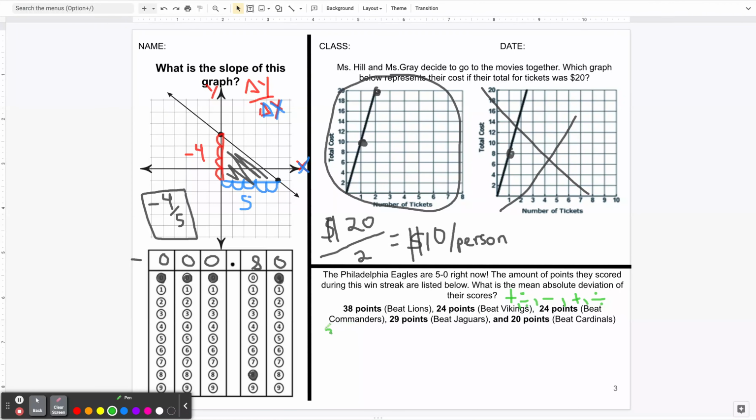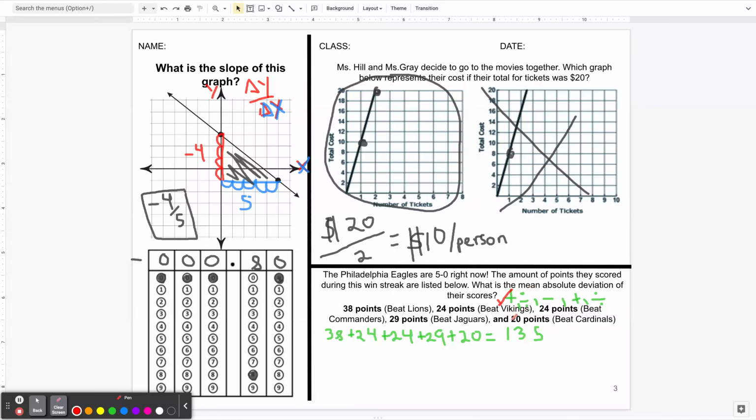We need to literally do 38 plus 24 plus another 24 plus 29 plus 20. Now you guys can use decimals calculators. You are able to do that. But again, so that this video is not too crazy long, I'm just going to do it real quick for us. When you add up all these numbers, you should get about 135. And that's the first step. We added. Good. Well, actually, I'll put a check mark.